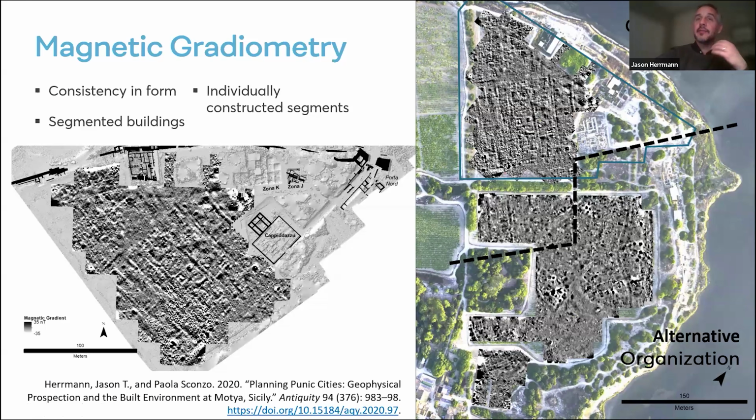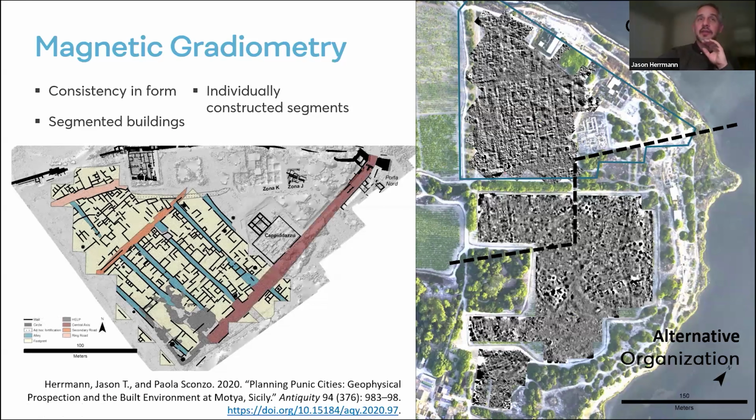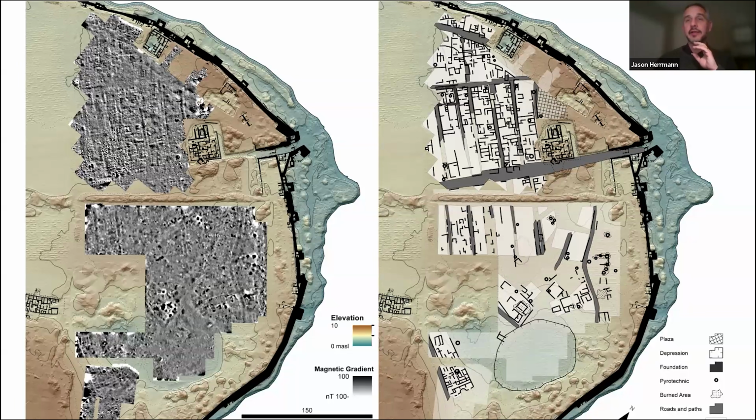We can see that this gridding did not extend over the entire site. There is one little part that seemed to have been saved from the establishment of the grid system, and that's here in the east, down here in the bottom right part of the image.